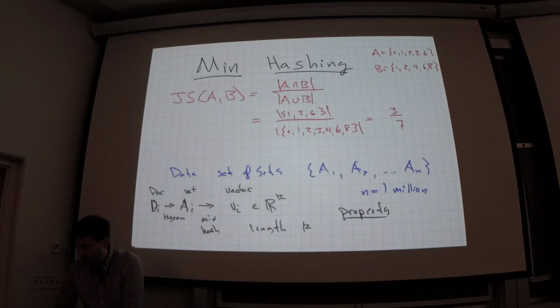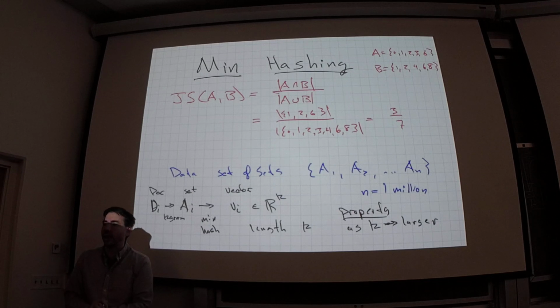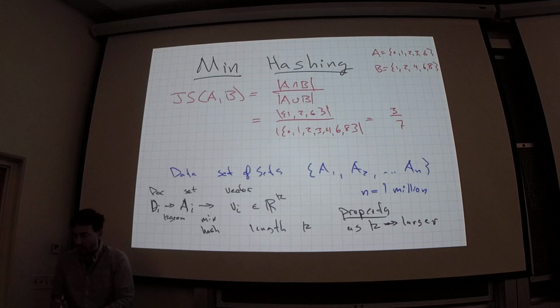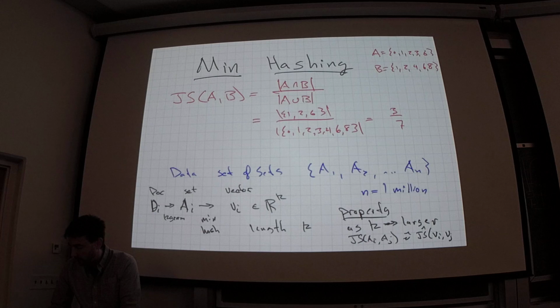And it's going to have the property that as k gets larger, the Jaccard similarity between Ai and Aj is going to be approximated by the Jaccard similarity between Vi and Vj.